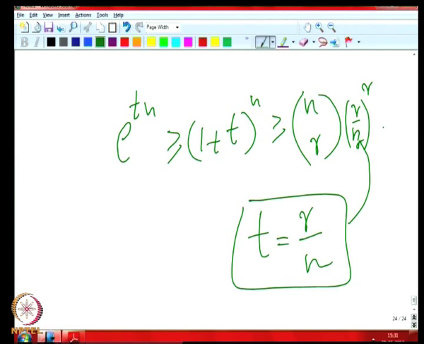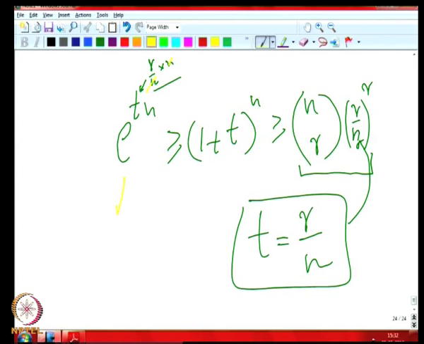So this is n choose r into (r by n) whole power r. And for this t we have to put r by n, so r by n into n, this will cancel off.